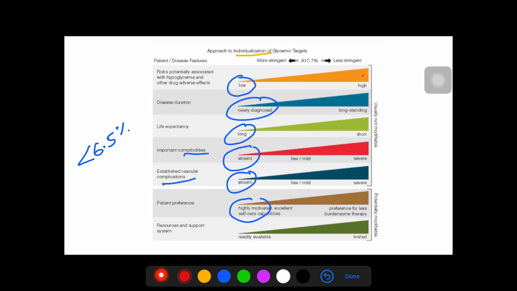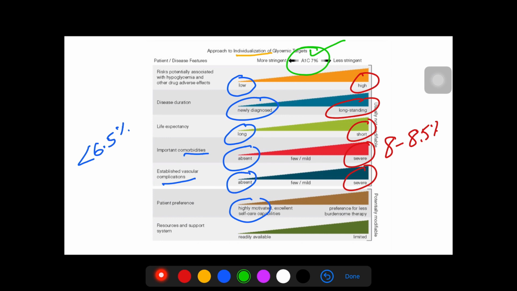In a patient whose risk of developing hypoglycemia is high, with long-standing diabetes, short life expectancy, multiple associated comorbidities and established vascular complications, you can keep HbA1c between 8 to 8.5% also. That is also acceptable on the less stringent side.